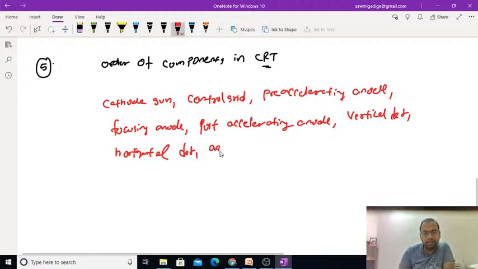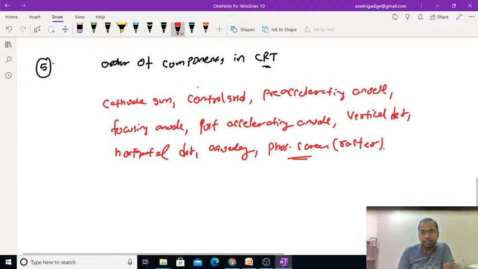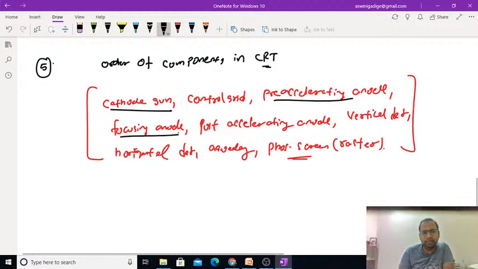Out of vertical and horizontal, the vertical deflection comes first, then the horizontal. Next comes the aquadag material, and next the phosphor coated screen, which can also be called a raster. So that is the order, guys. In the exam they asked cathode gun, pre-accelerating anode, focusing anode, vertical deflection, horizontal deflection, and the aquadag. Anyhow, it is the order, guys.